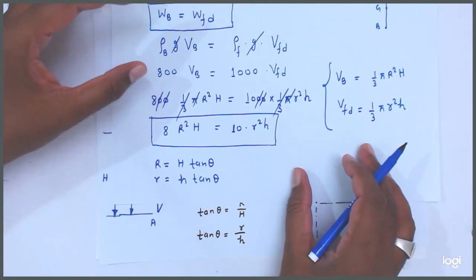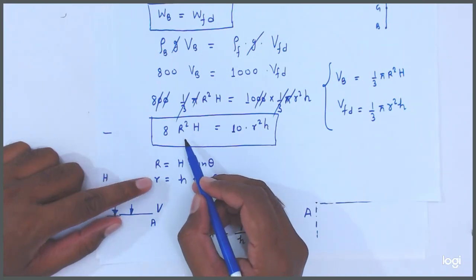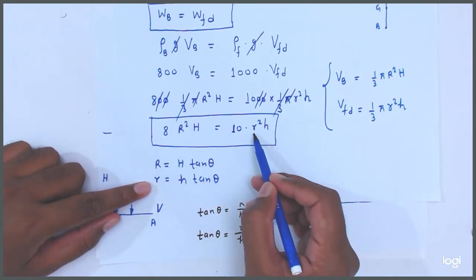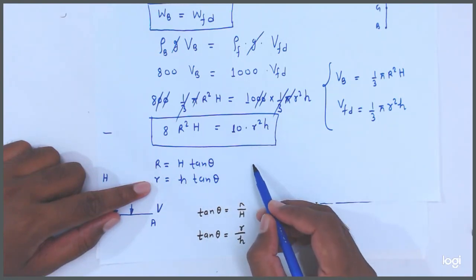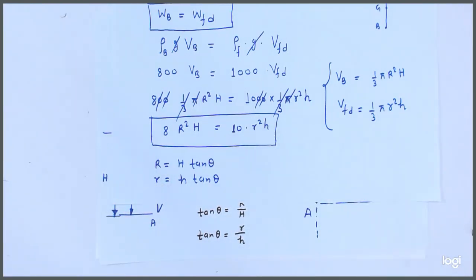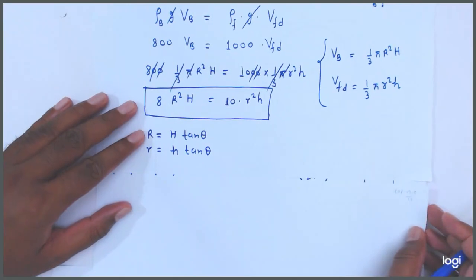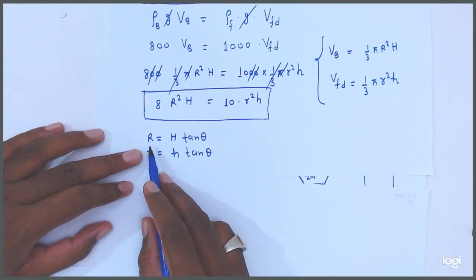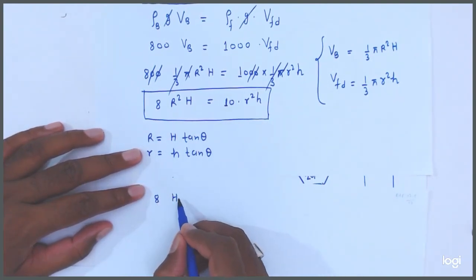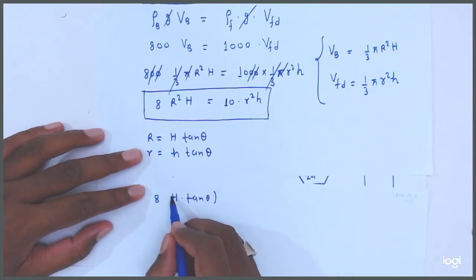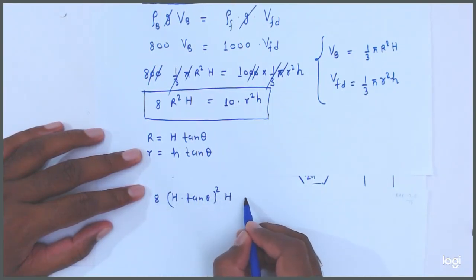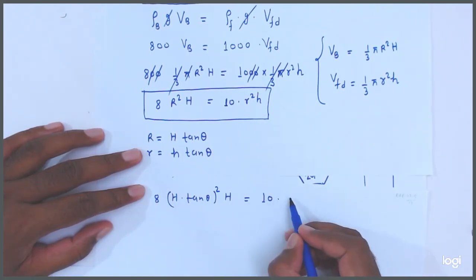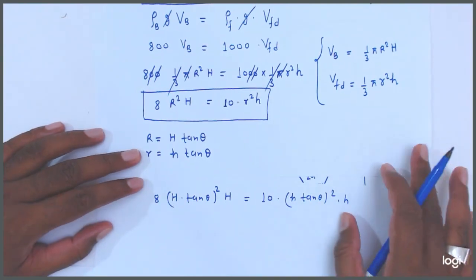Okay friends, so the value of capital R and small r we will put in this equation. What will we get from here, friends? If you put this value in this equation, so 8 capital R, so R square is there, so capital H tan theta whole square into capital H equal to 10 into small h tan theta whole square into small h.